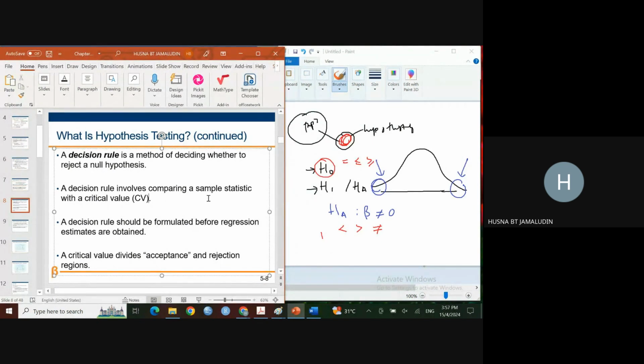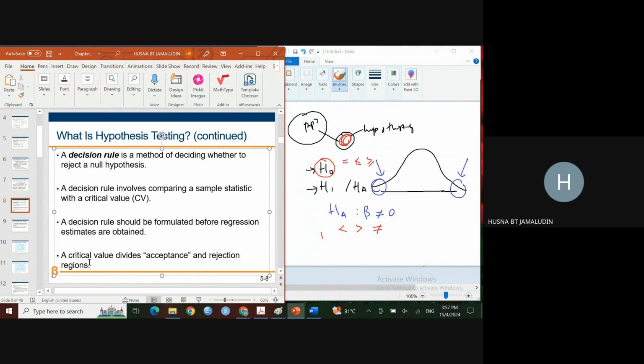Test statistic, or sample statistic, can be not only one. You may use a t-test, an F test, chi-square. You have different types of test statistic. Decision rules should be formulated before regression estimates are obtained. You have to have the decision rule before you come up with your equation.